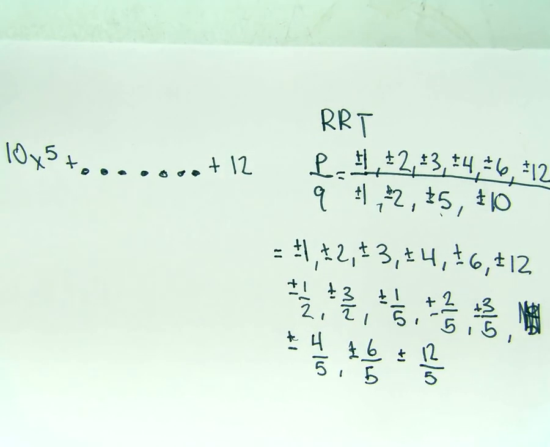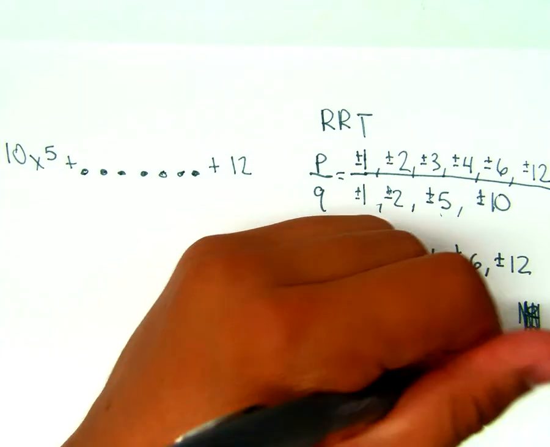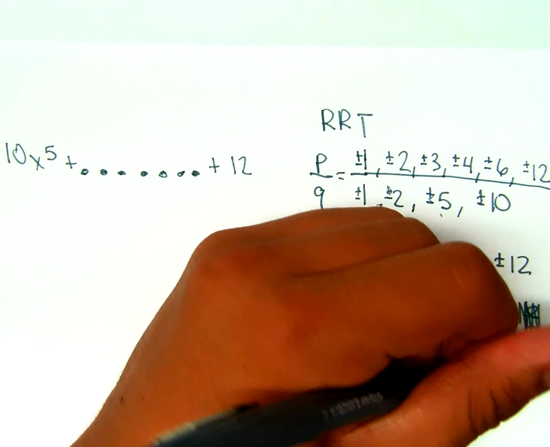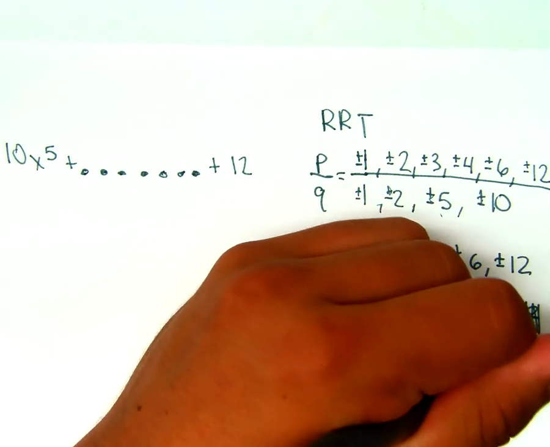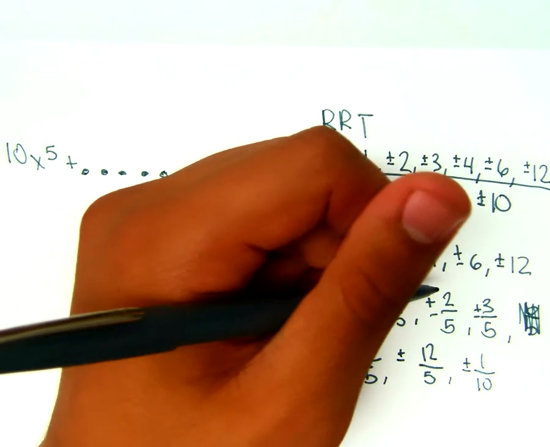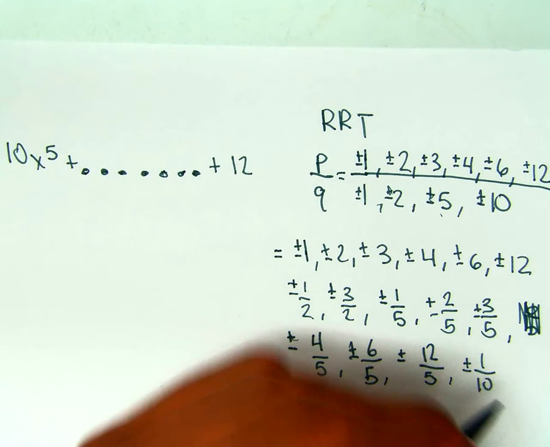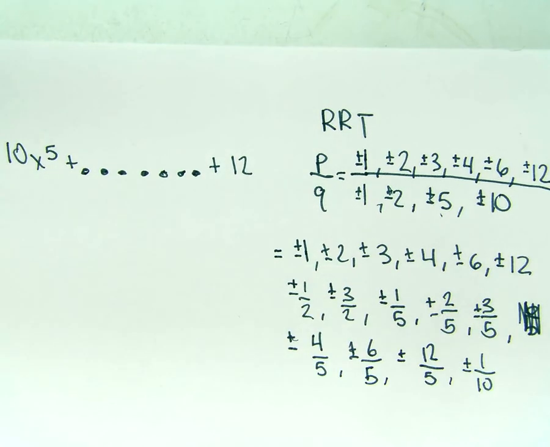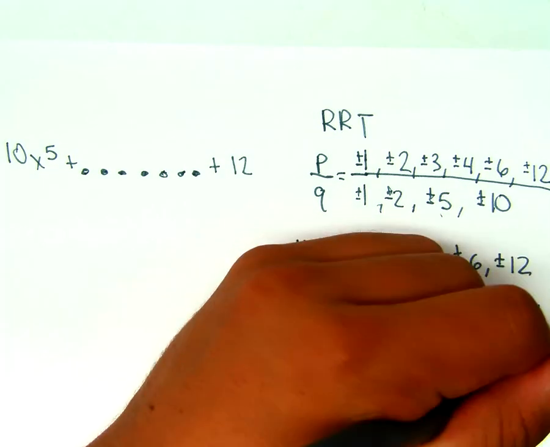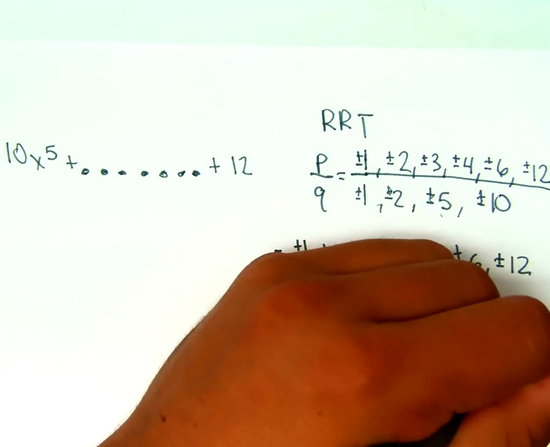After we do that, then we're going to do the same thing with 10. So we're going to get plus or minus 1/10, plus or minus 2/10. Do we already have that? What would that be? Yes, 1/5. Okay. So we don't have to write that one.